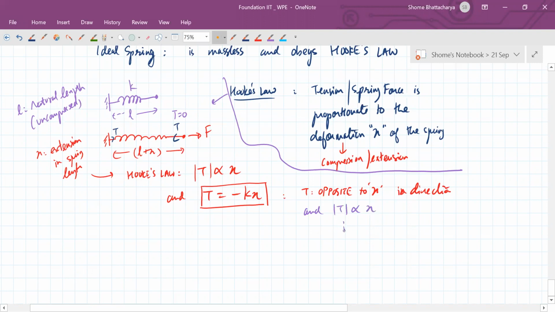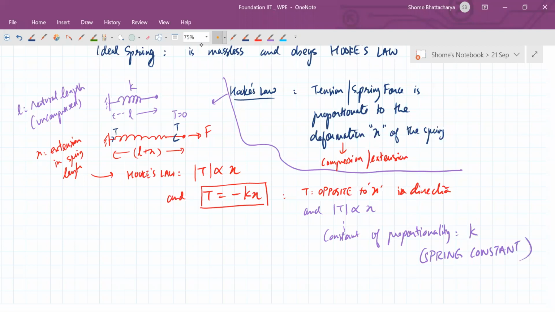That constant of proportionality k is called the spring constant.